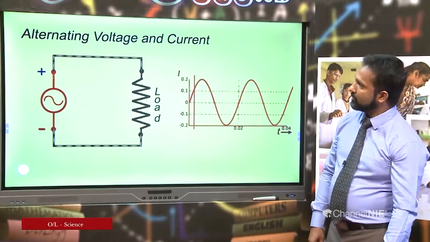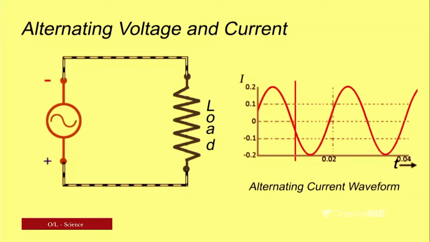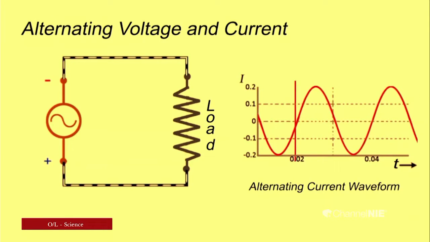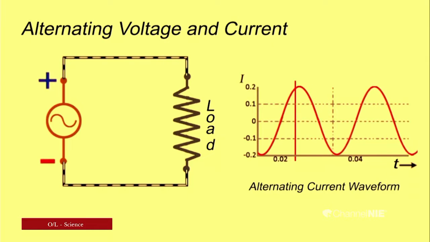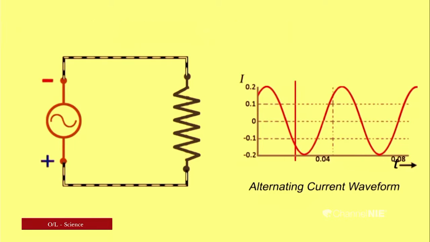You can watch, when the positive negative changes, the AC current direction changes. Here this graph represents the variation of alternating current with time.